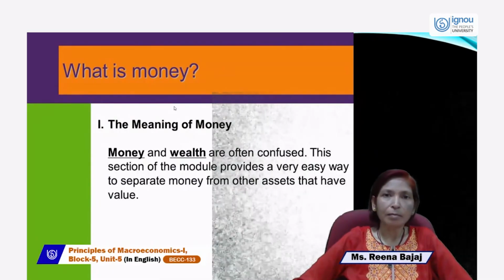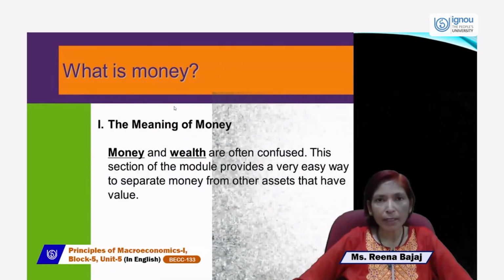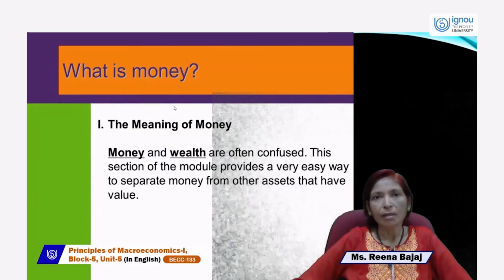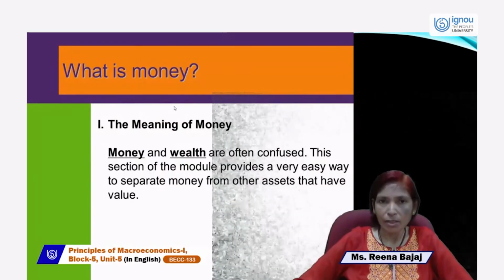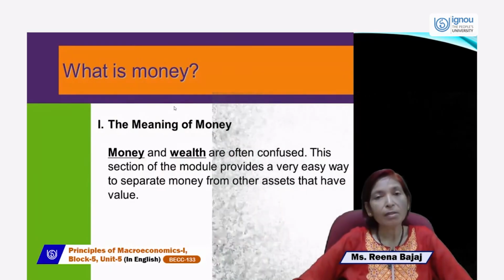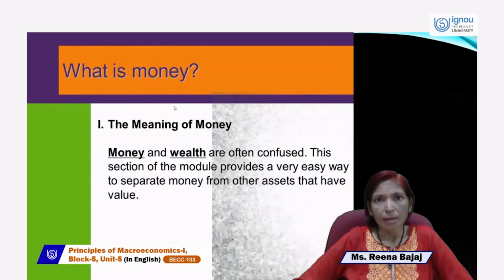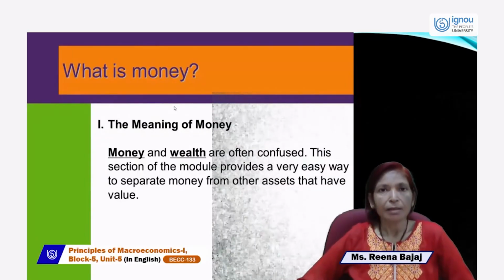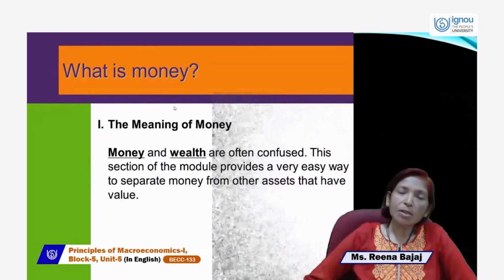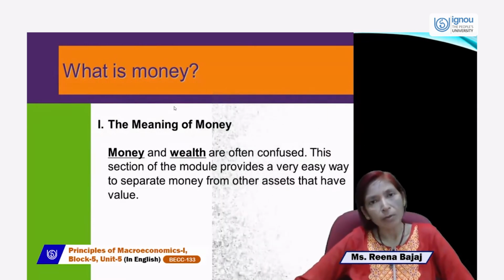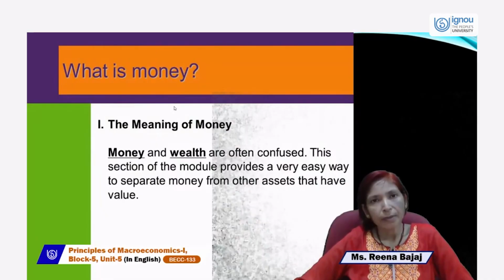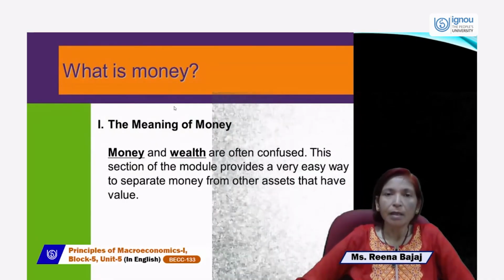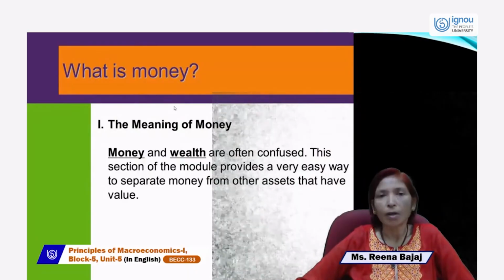In the barter system, when money was not originated, goods were used for exchange. But there were lots of problems in doing this type of transactions for selling goods and buying goods. Number one problem is double coincidence of wants.